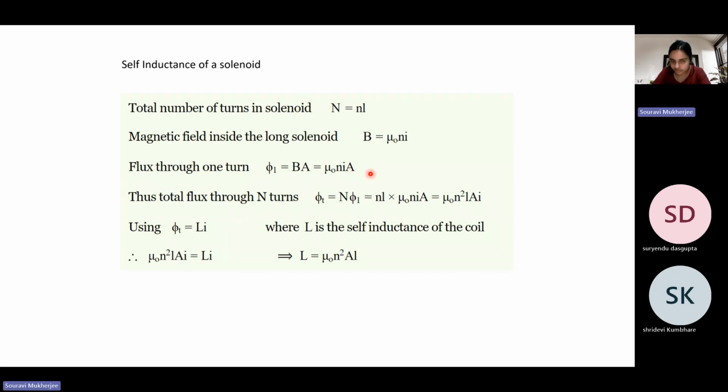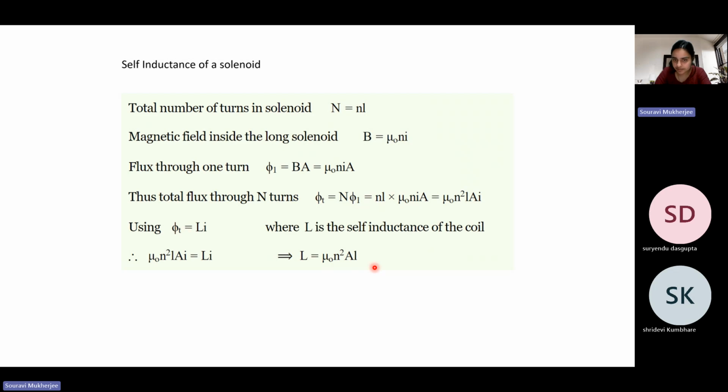So this is your flux going through one wire. So if you have N such wires, you can multiply, and this flux is proportional to the current that is flowing, right? And that proportionality constant is called the self-inductance of the coil, which is given by this relation here.